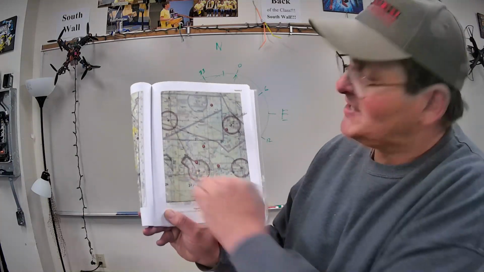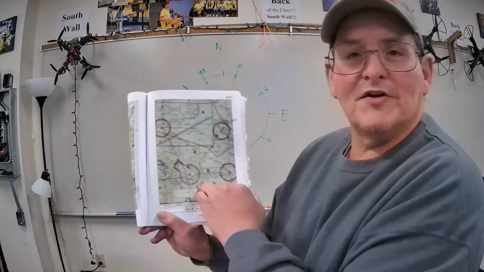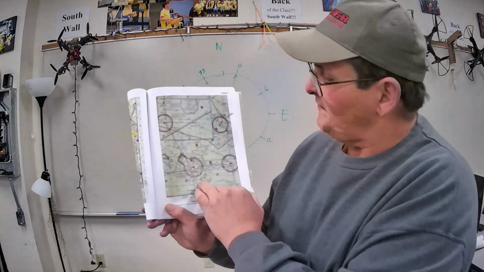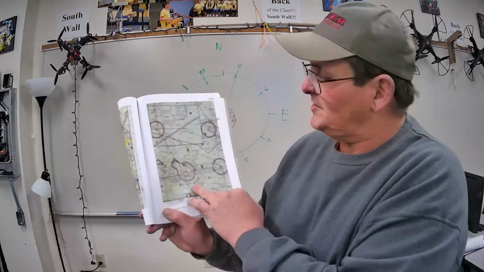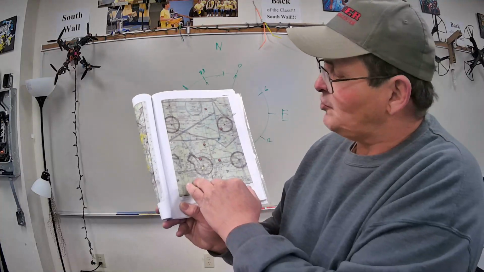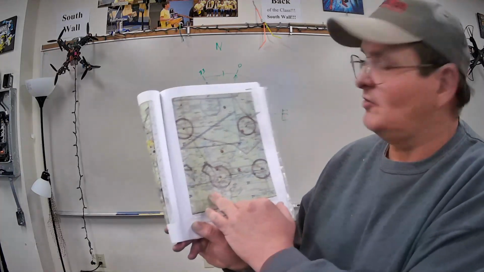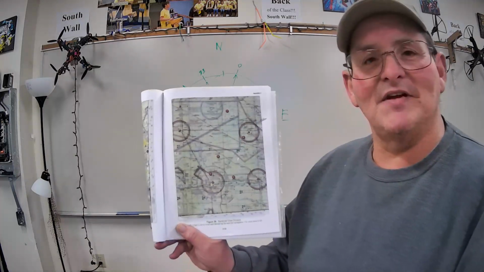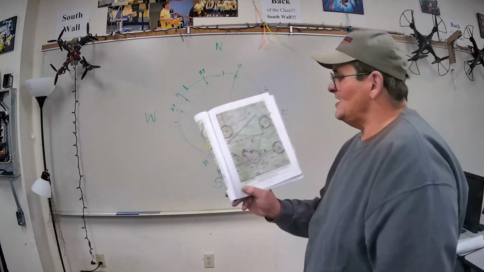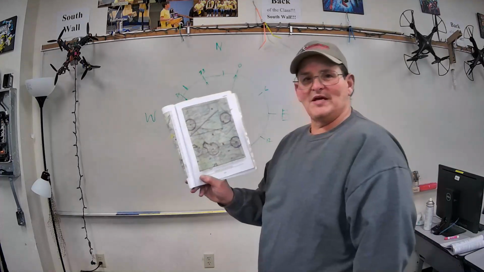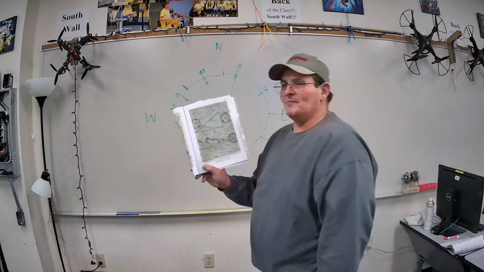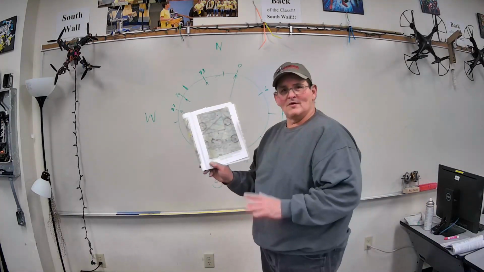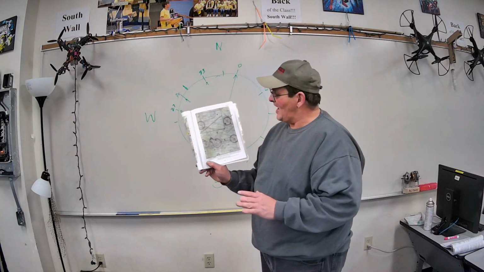For instance, 30 is actually 300 degrees. 12 here is actually 120 degrees. 15 is actually 150 degrees. 21 is actually 210 degrees. 27 is actually 270 degrees. So knowing this, we can determine where the pilot is located.